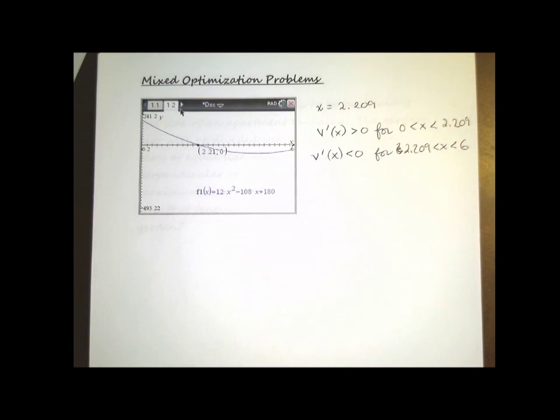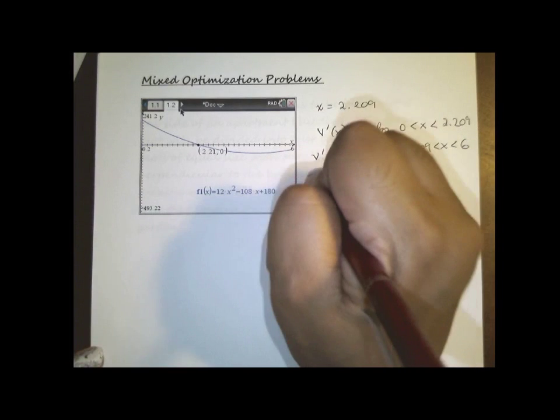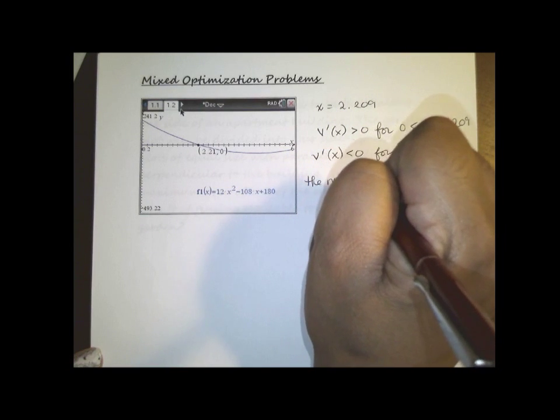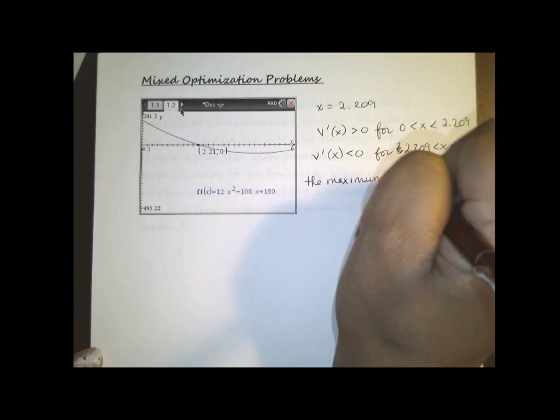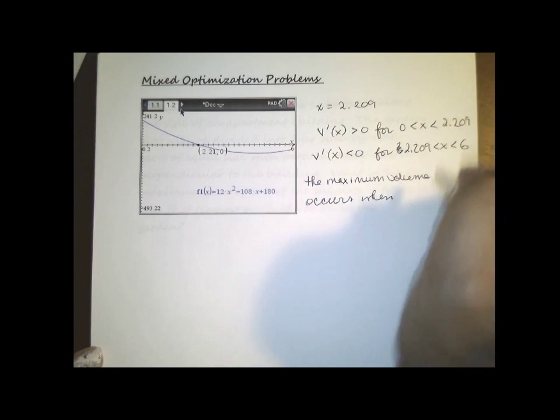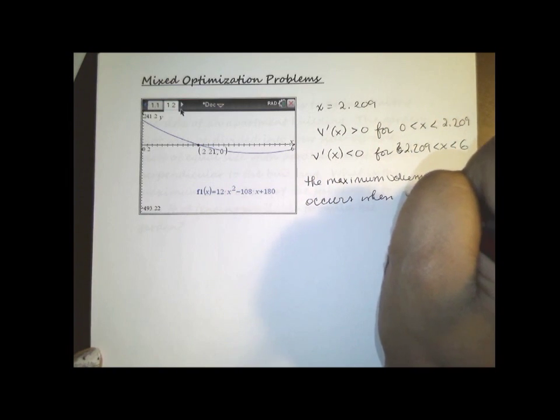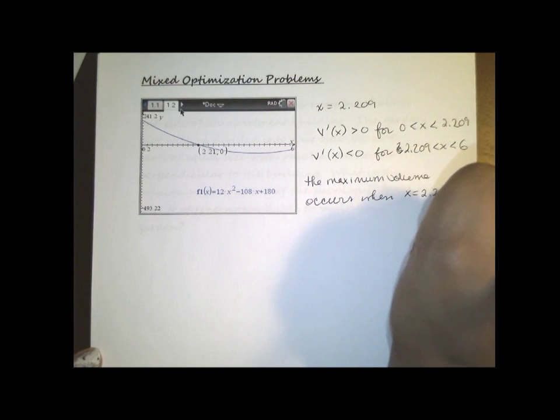That's my entire domain. It changed from positive to negative. So the maximum value occurs when x is equal to 2.209.